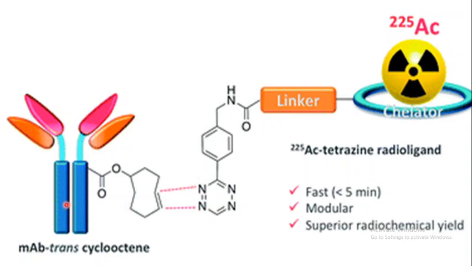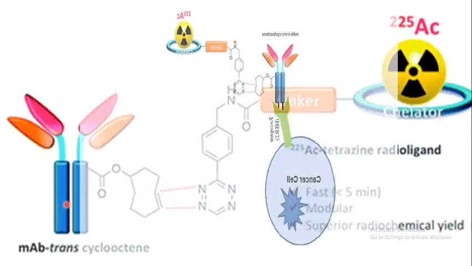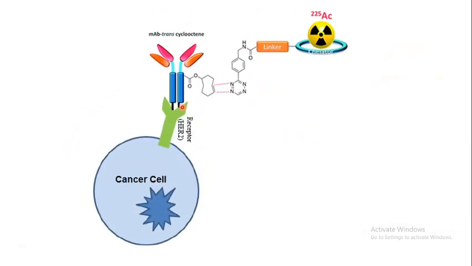When these are injected inside the body, they attach through receptors to the cancer cells. These receptors, through the endocytosis process, are engulfed by the cancer cell, and the whole molecule goes inside the cancer cell. And this radionuclide has a penetration power in tissues of only 0.03 millimeter.